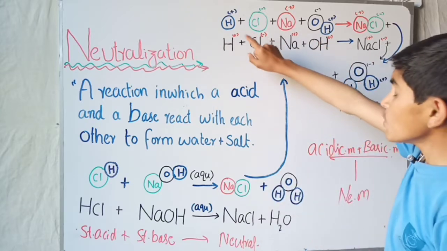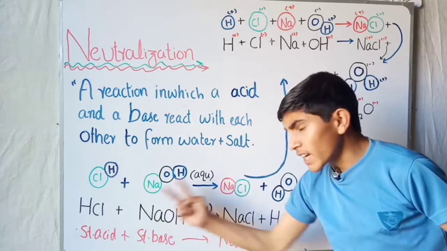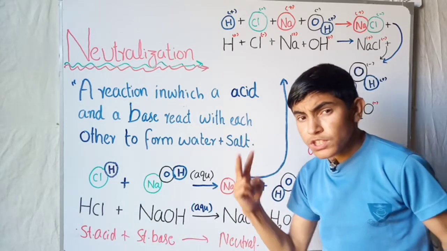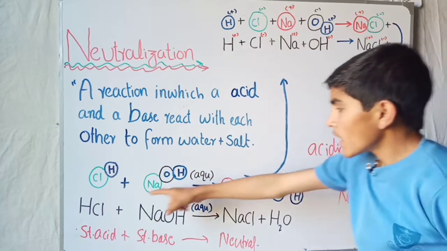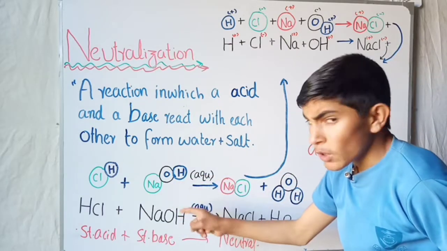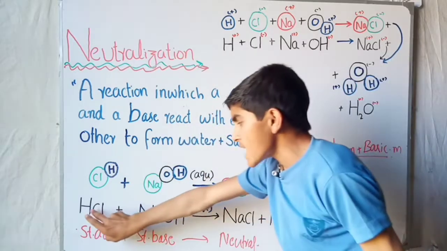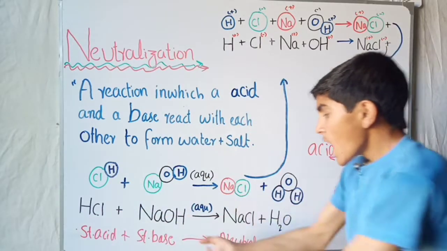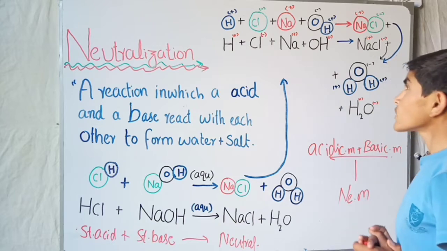In this diagram you can see that this process occurs in aqueous solution. In aqueous solution, when we put HCl and NaOH, sodium hydroxide, the bond in HCl breaks down, and the bond between Na and OH also breaks down.